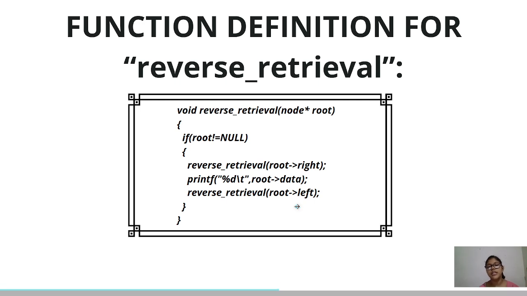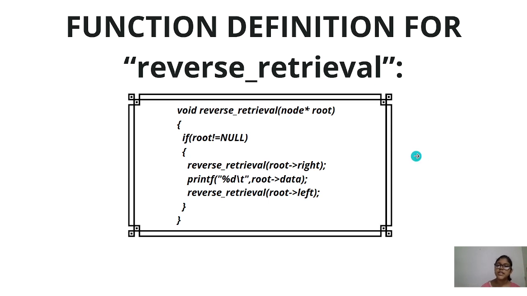Obviously if the process of in order is left, root, right, then the process of reverse retrieval will be right, root, left. Just the opposite, because descending is just the opposite of ascending. That's why this case is also the same. And we have also understood the logic by this line, why it is the opposite condition of in order.